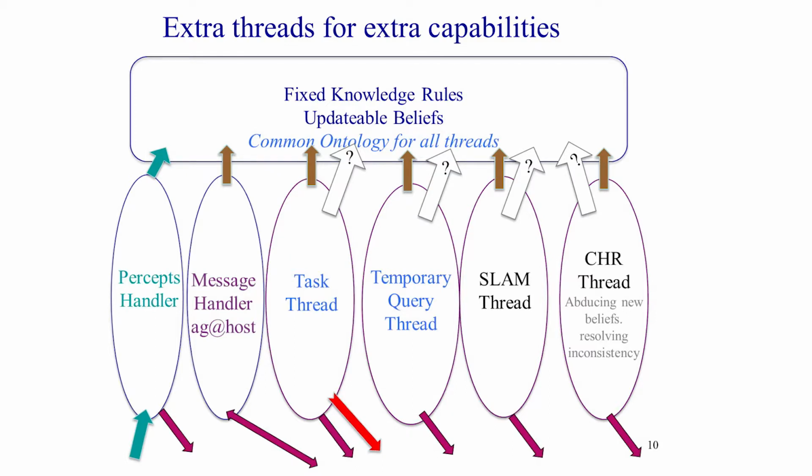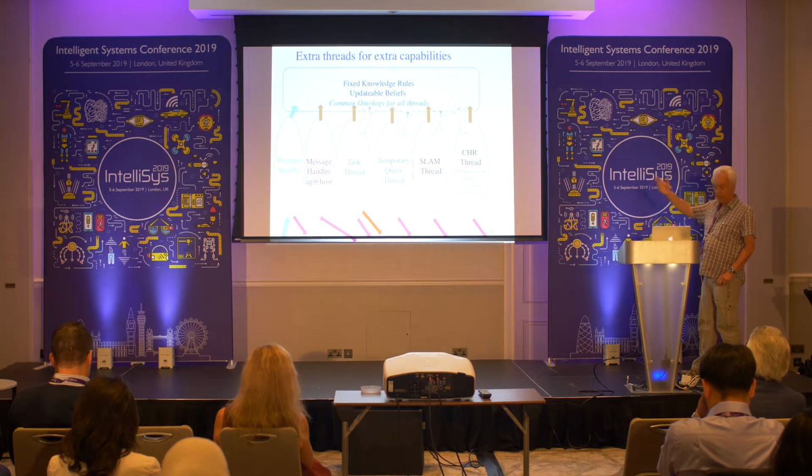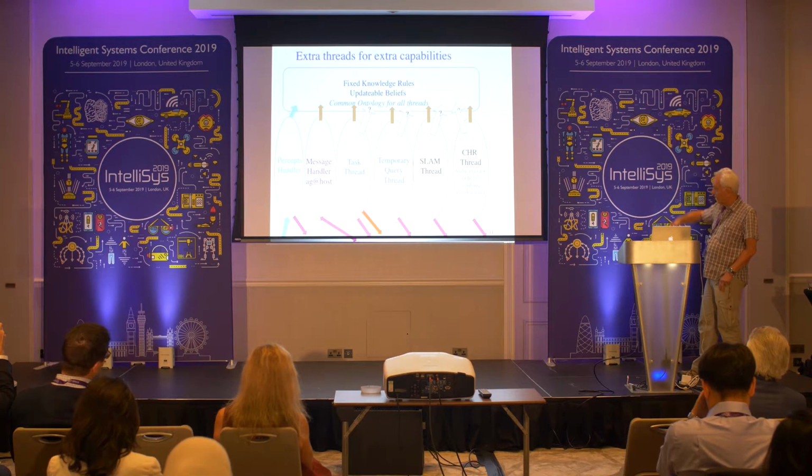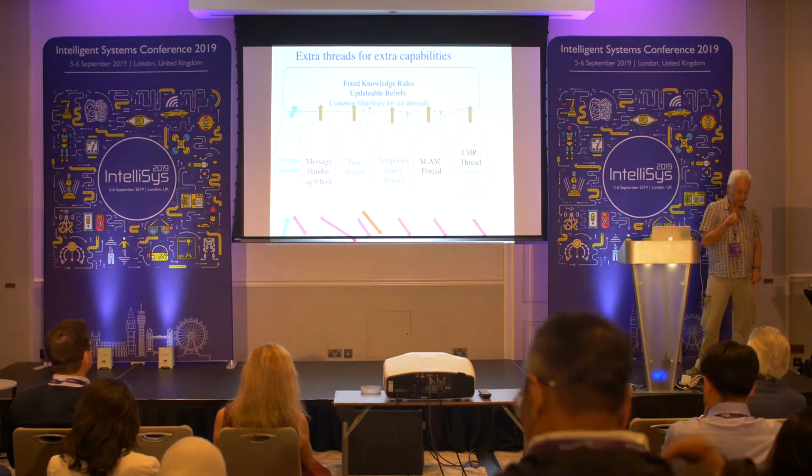Right, now, another nice thing about doing multi-threading, and I haven't got an example of this, is you just throw in extra threads, okay? So, for example, suppose we've got this task thread going, and another agent sends a query to this agent, which requires some inference, right? Well then, in order to protect the message handler, you don't want to do the query solving inside the message handler, because there might be an error in the query solving, or it might run forever.